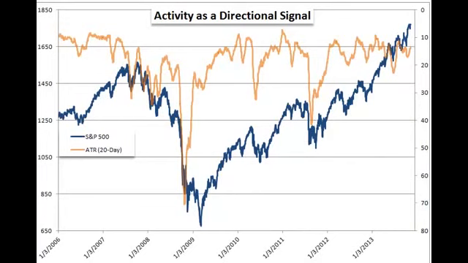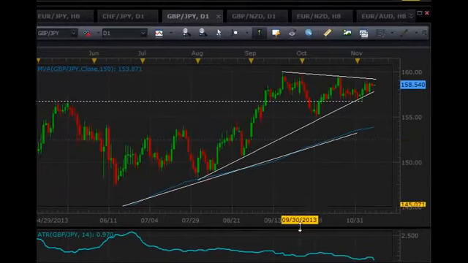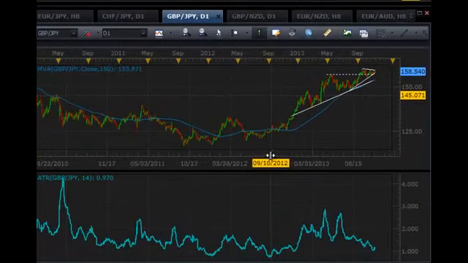Now, this is not just unique to the S&P 500. This just so happens to be also a positive correlation to the same currency pair we were just looking at, the pound yen. And this is actually going to be very similar across all the yen-based crosses, because it's a carry trade pair.